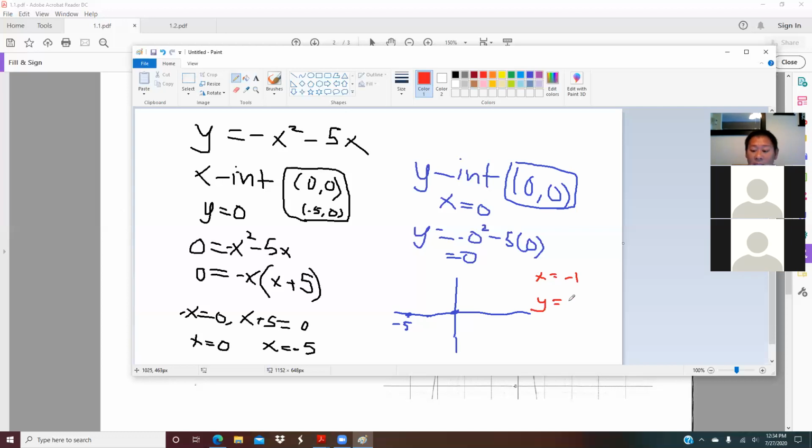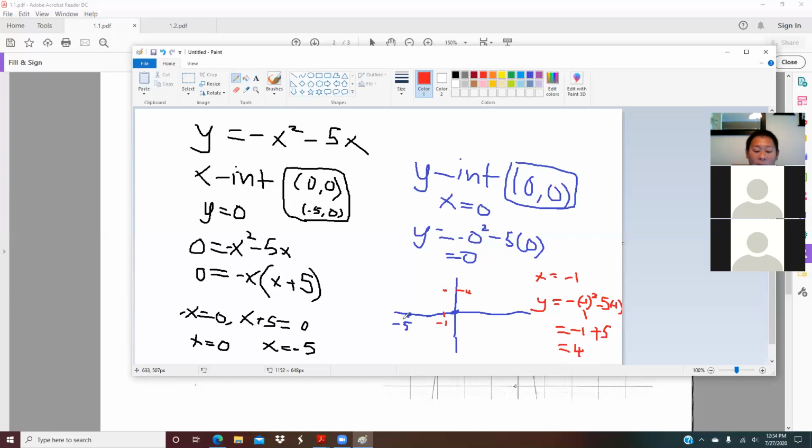So y is negative times negative 1 squared, minus 5 times negative 1. Squaring gives positive 1, but you multiply with the negative, so that ends up as negative 1. And negative 5 times negative 1 gives a positive 5. That gives me 4. So the coordinates are x is negative 1 and your y value is 4.